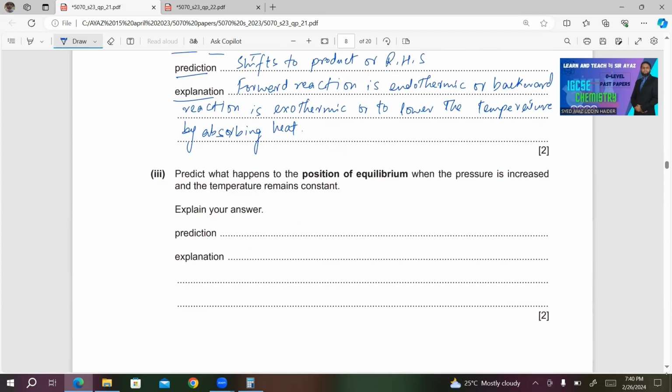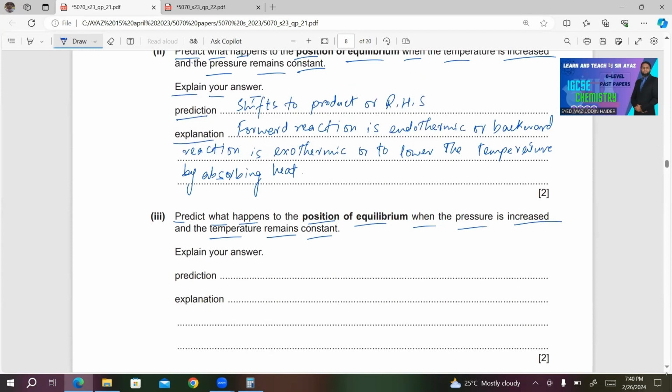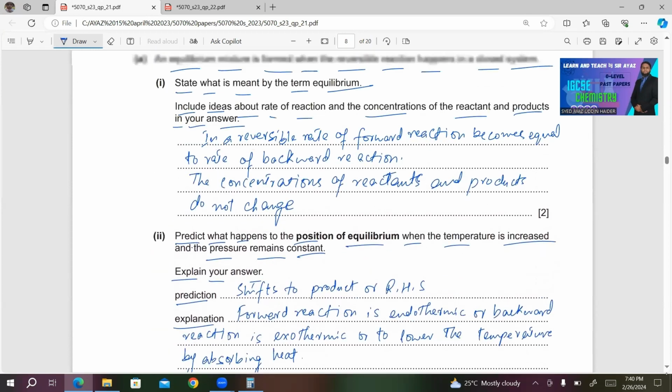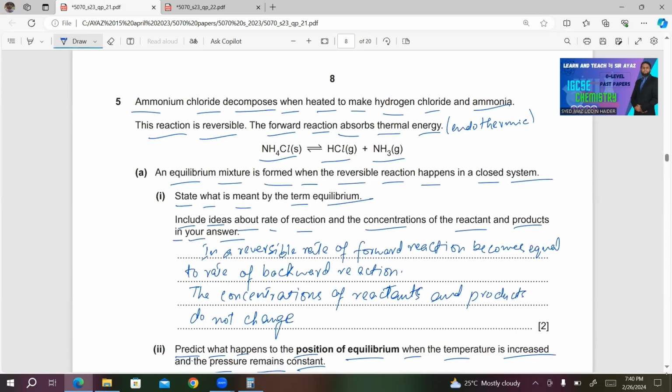Next part. Predict what happens to the position of equilibrium when the pressure is increased and the temperature remains constant. Now they are asking about the effect on the position of equilibrium when the pressure is increased. For this, you should know the number of moles of gases. If you increase the pressure, it will move to the side where there is a smaller number of moles.